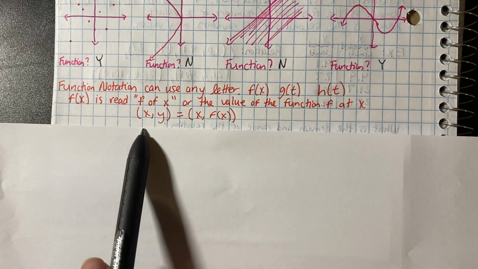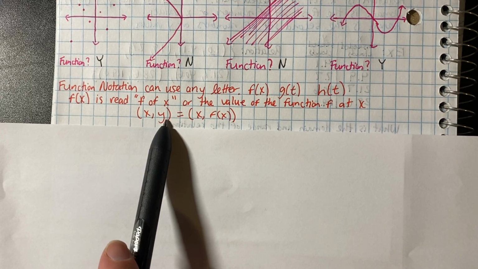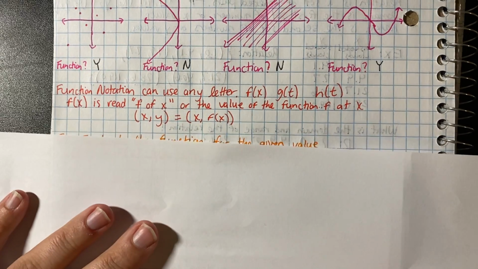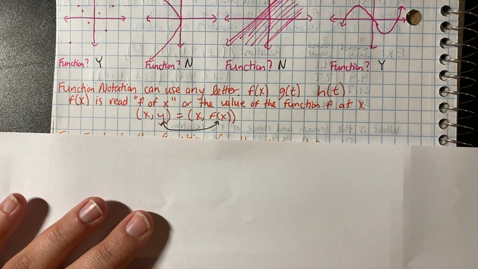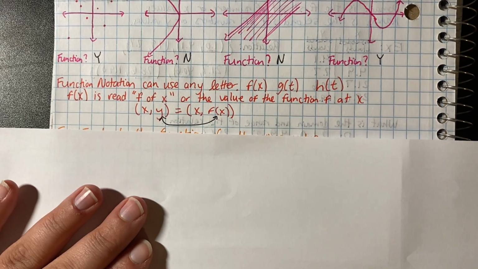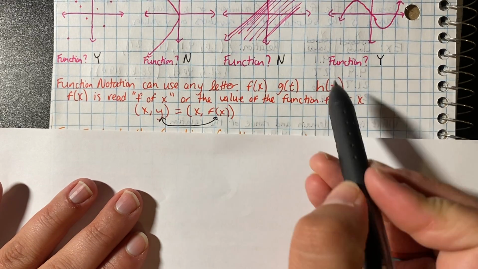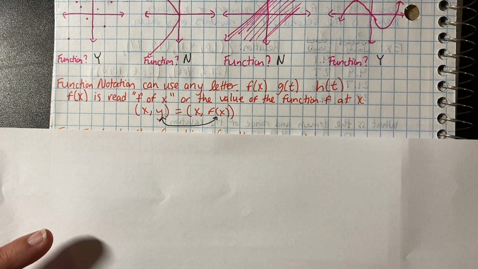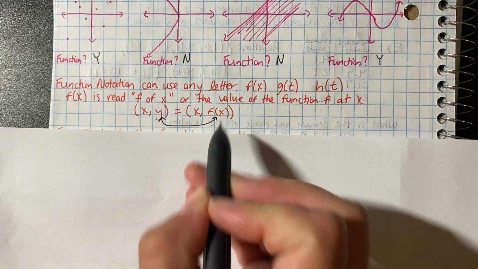So in ordered pair form, it would look just like this, x comma y, or x comma f of x. So pretty much what we're saying is our y and our f of x are interchangeable with each other. When we're talking about a function, we use f of x, we could use g of t, just to talk about the x value in terms of that function.